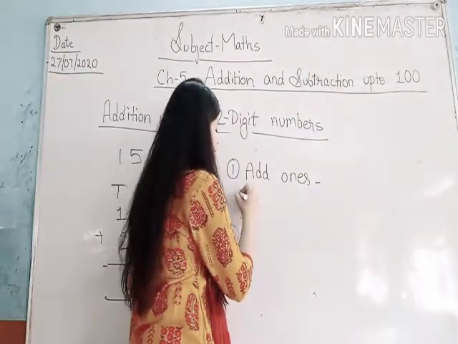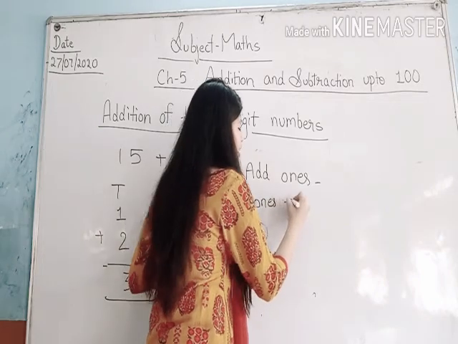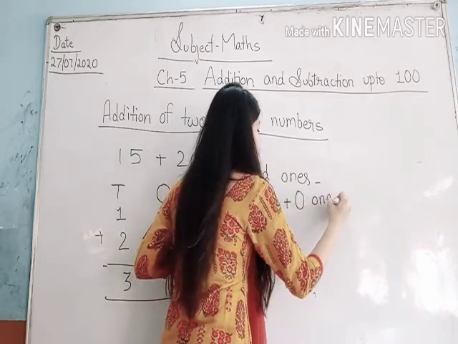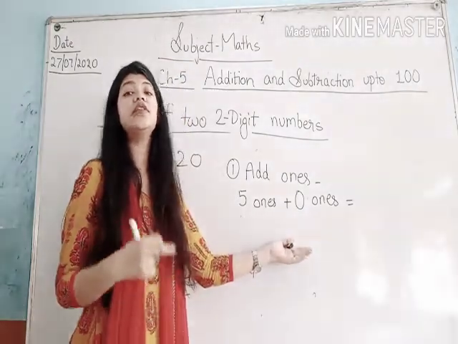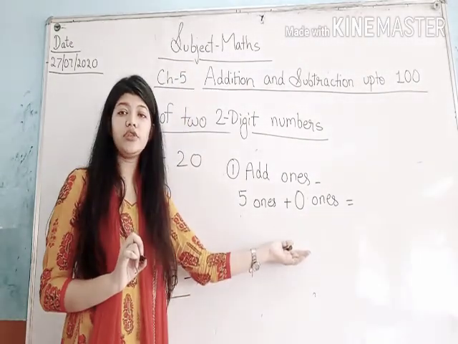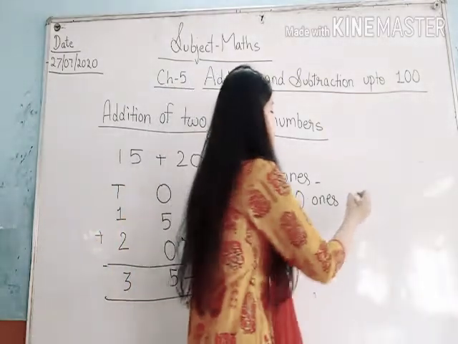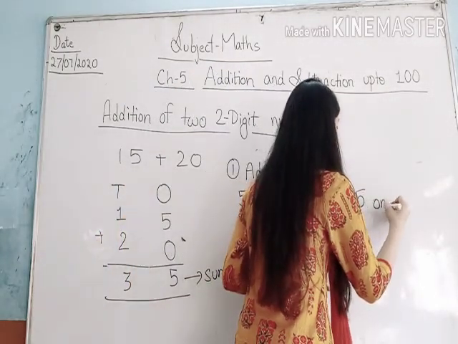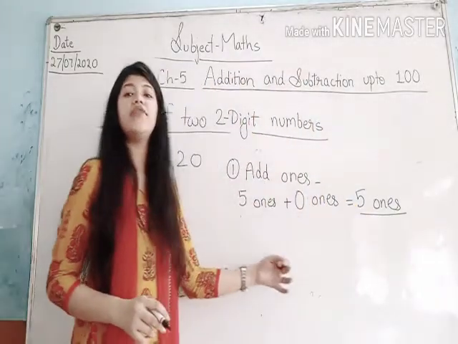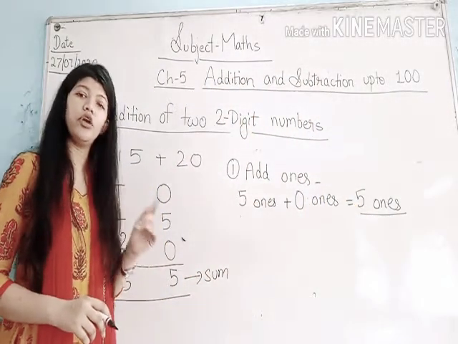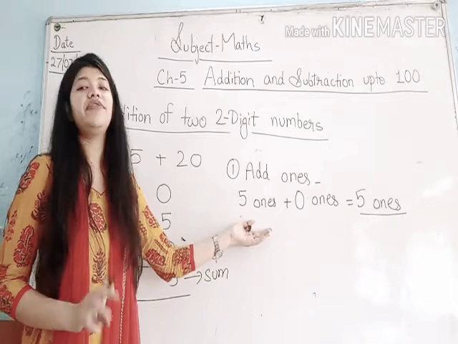So let's write 5 ones plus 0 ones. Now see, 5 ones plus 0 ones will be equal to 5 ones only. So we will write 5 ones. It means under the column of ones there will be number 5. We are done with the first step.